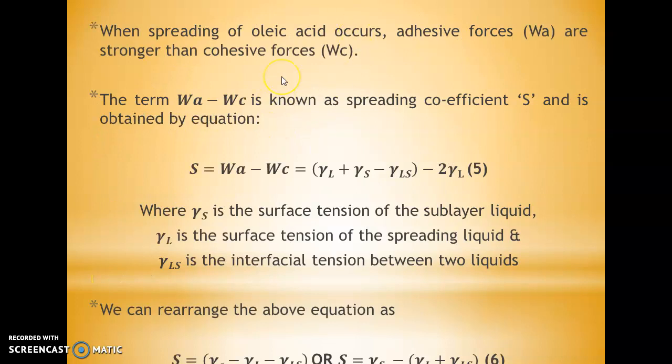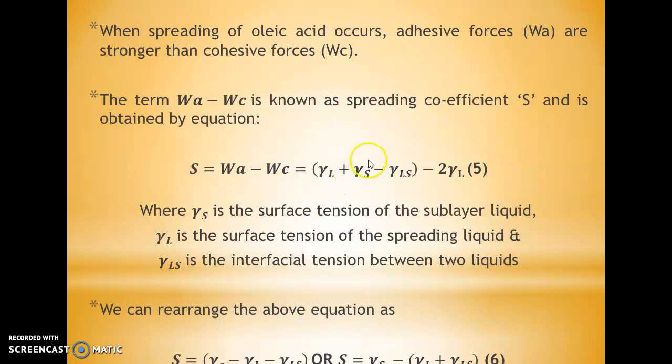So when two different liquids are present in the cylinder, the value of the force of adhesion should be higher than the value of the force of cohesion. This spreading coefficient is represented by the symbol S, and it can be calculated from the equation S equals WA minus WC.